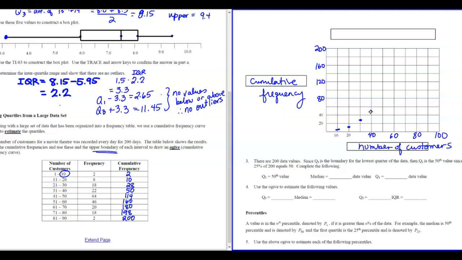And then at 50 would be 114. So that's about 100, and then 14 would be about there. 60 would be 160. And then 70 would be 180. And 80 would be 198. And 90 would be 200. Okay? And we join them up with straight lines.